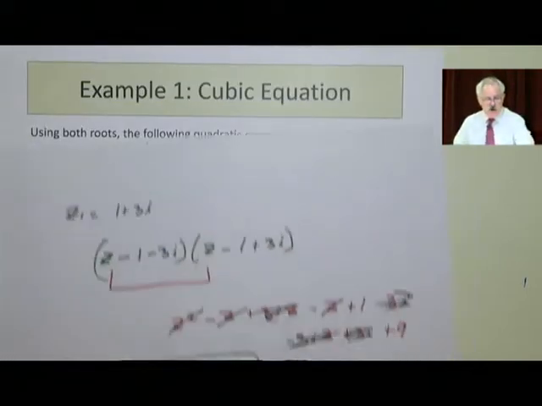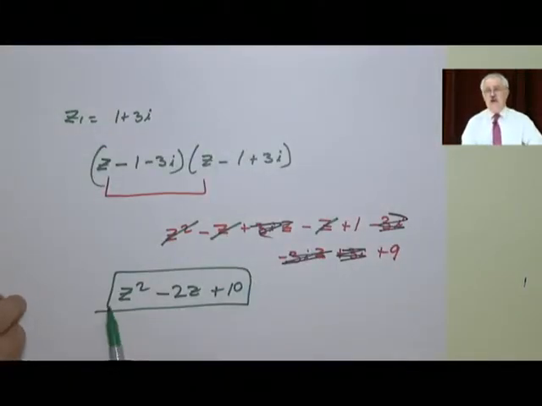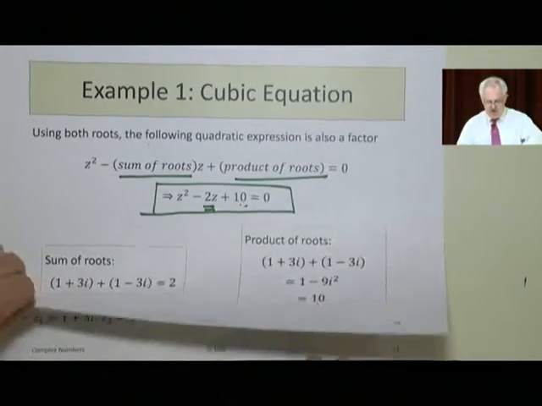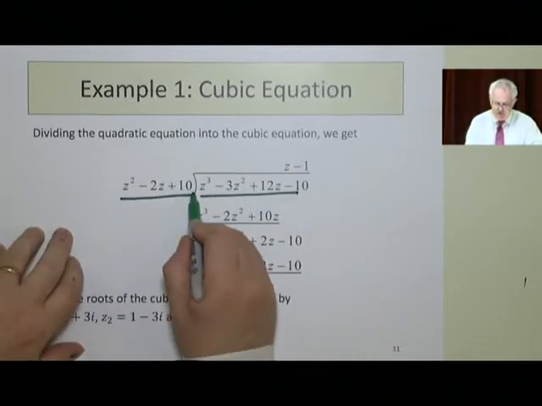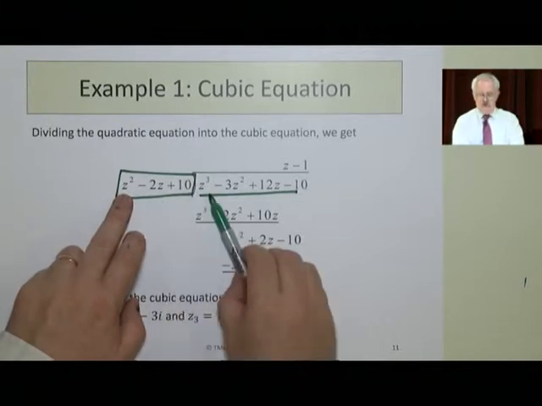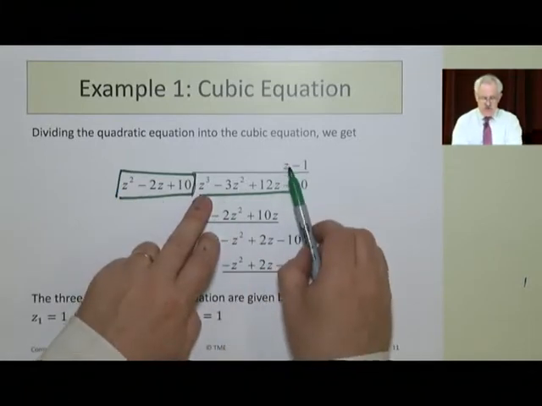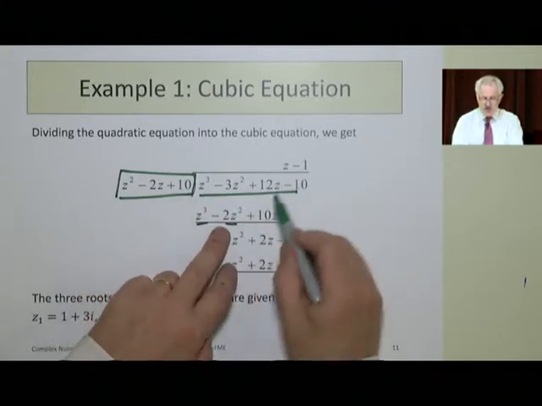So what you have now is a cubic expression and a quadratic expression, and you're asked to find the last factor. You do that like this. You take the cubic, you divide it by the quadratic, and you say how many times does z squared go into z cubed? Z. Z by z squared is z cubed. Z by minus 2z is minus 2z squared.